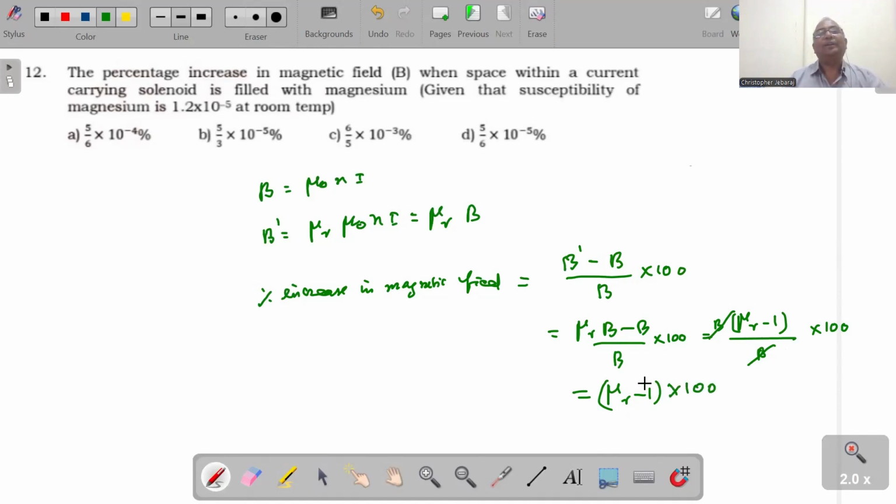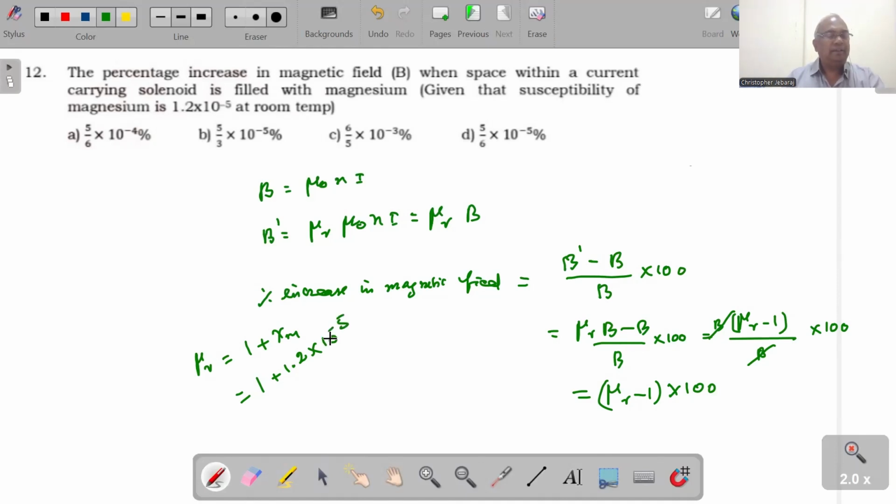First we should find out mu r. We know mu r equals 1 plus susceptibility. So mu r is equal to 1 plus the susceptibility value given, 1.2 into 10 to the power of -5.